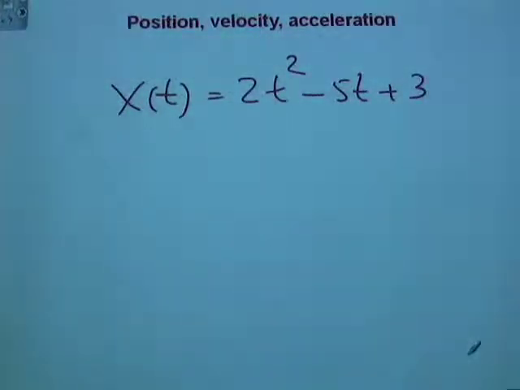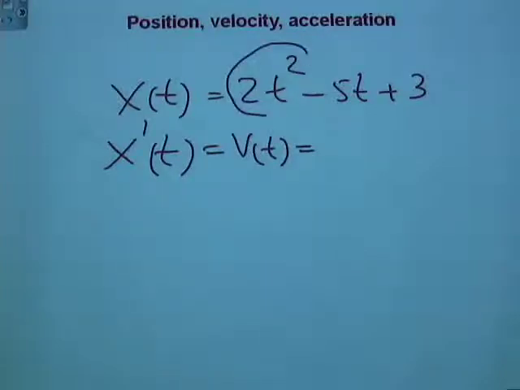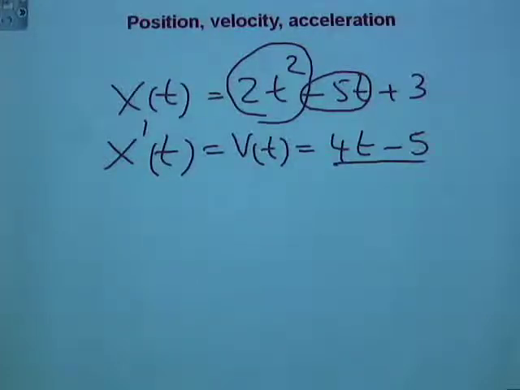And if I now find the derivative of this, x prime of t, that will be your velocity function. What is the derivative of 2t squared? That will be 4t. And what is the derivative of minus 5t? It's minus 5. So this is the velocity function.